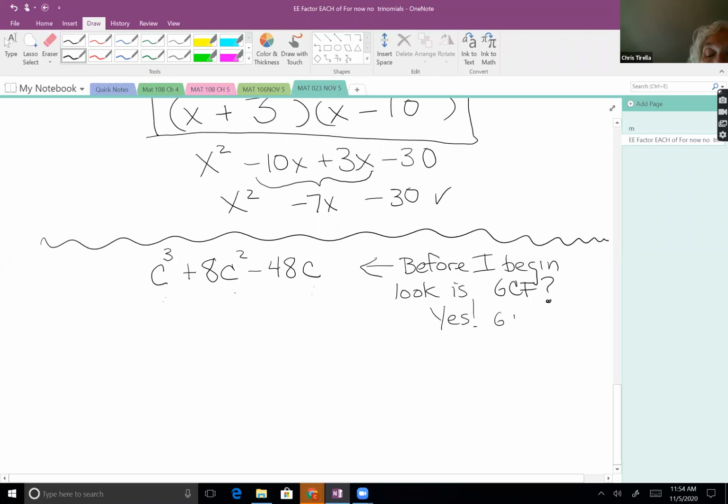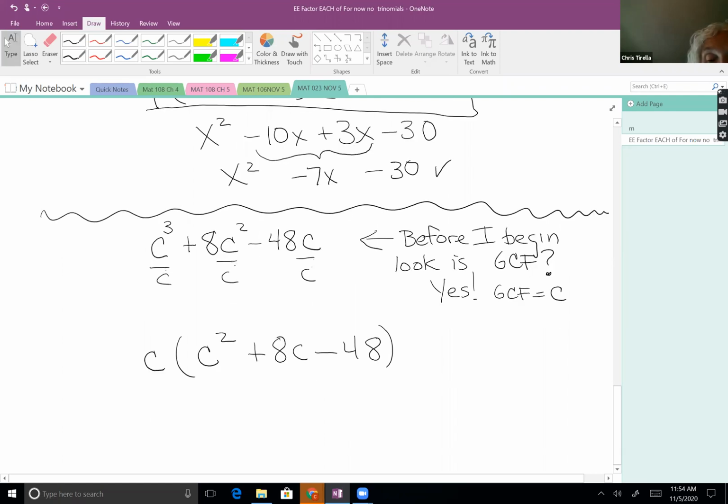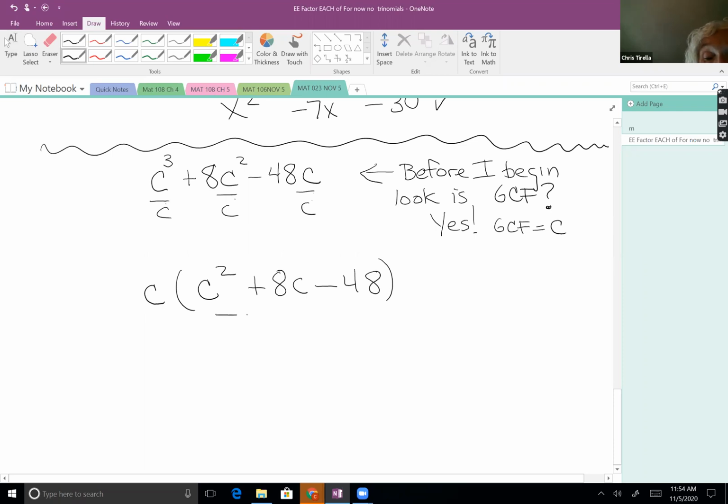The greatest common factor is C. So I'm going to have a common factor of C. And then when I divide each of those by C, I'm left with C squared plus 8C minus 48. And now that I've factored the C out, I need to try to factor the trinomial. Sometimes they will be factorable, sometimes they won't.